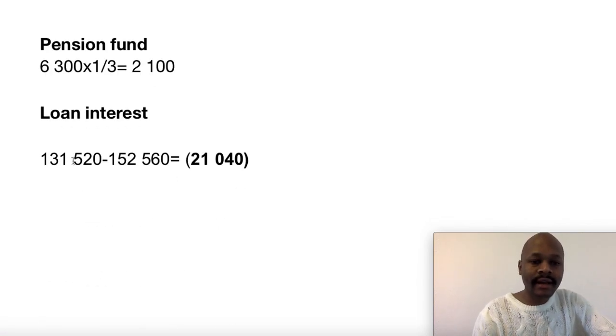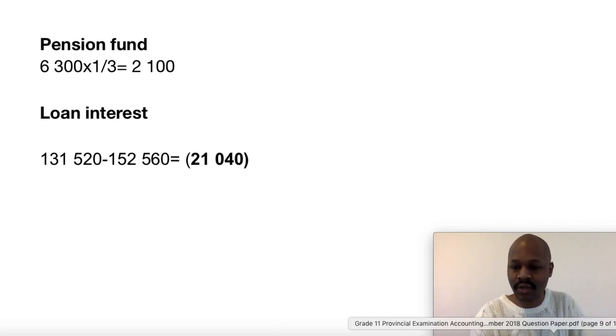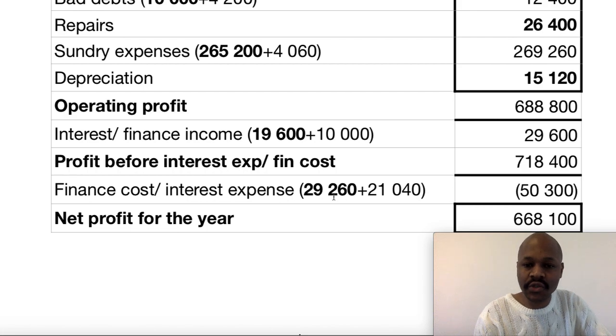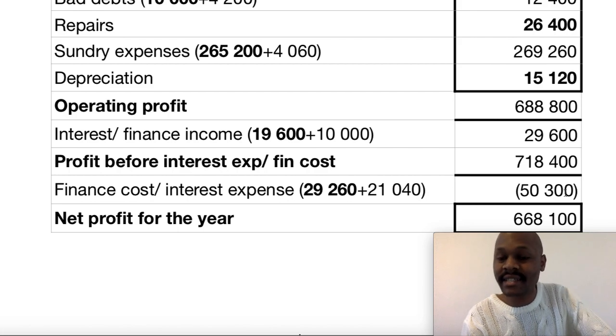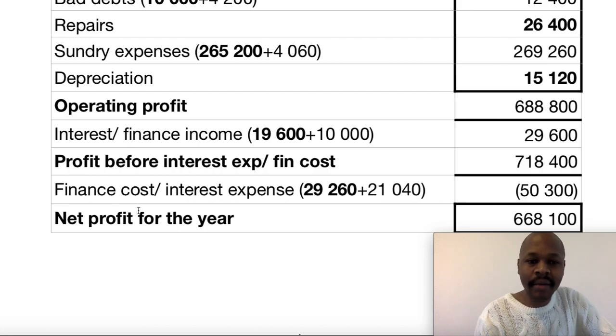You'll simply say this opening balance 131,520 minus 152,560 gives you 21,040 rather. 21,040, and that 21,040 you add to this one, to 29,260. Your interest expense is 50,300. Then we are only left with interest income as well as profit before interest expense and net profit for the year. Remember, the purpose of an income statement is to check how much profit you made in a particular financial year.